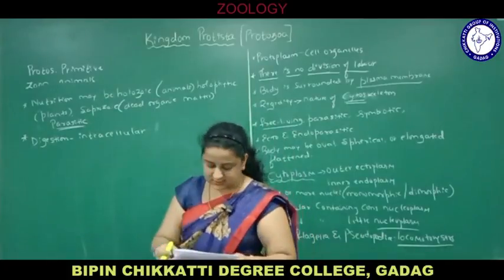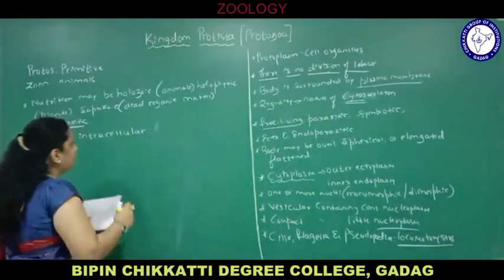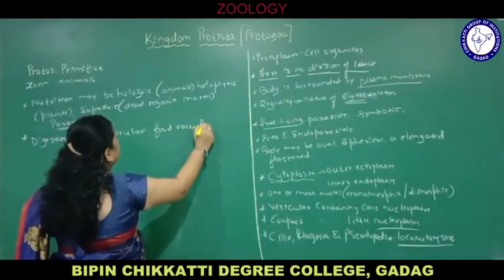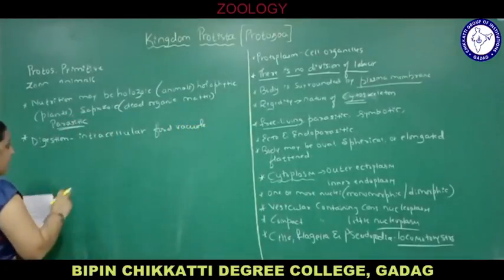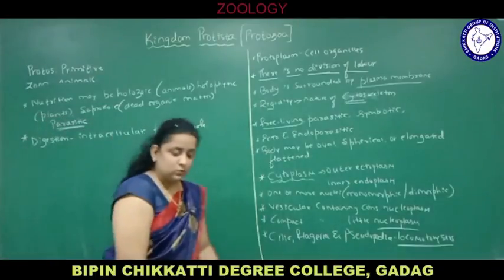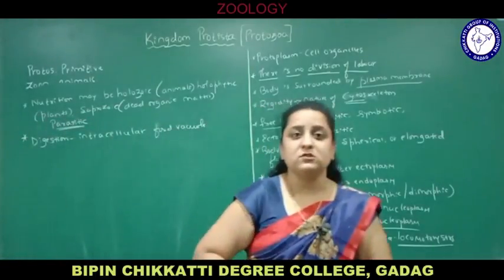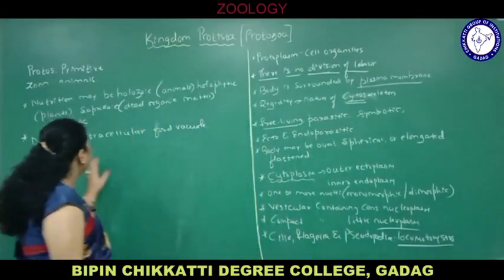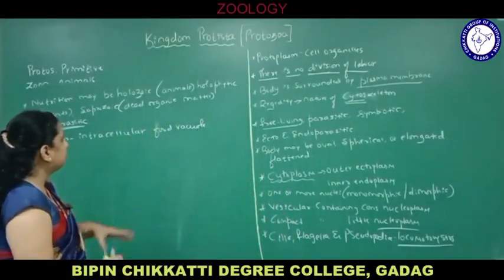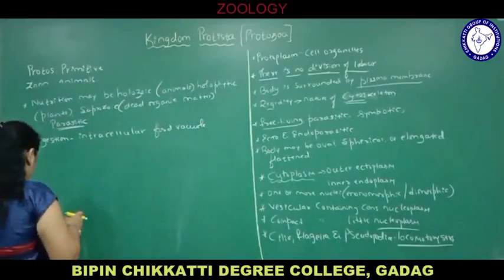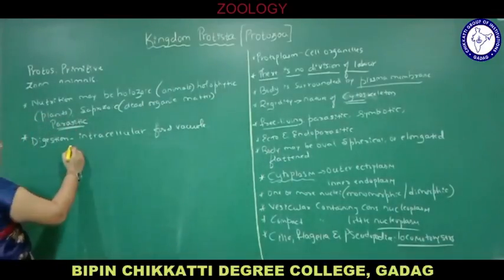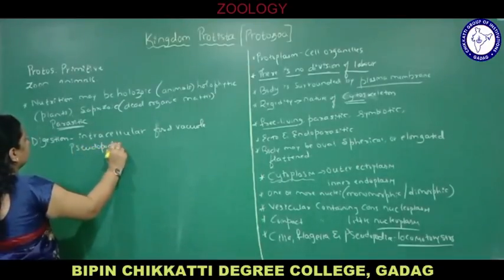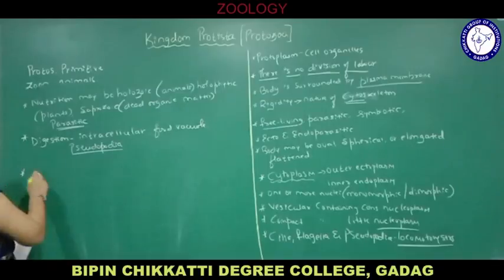Here digestion is intracellular within a food vacuole, with the help of enzymes produced by lysosomes. Lysosomes are called suicide bags of the cell. They digest the food material. They engulf the food particle by pseudopodia.